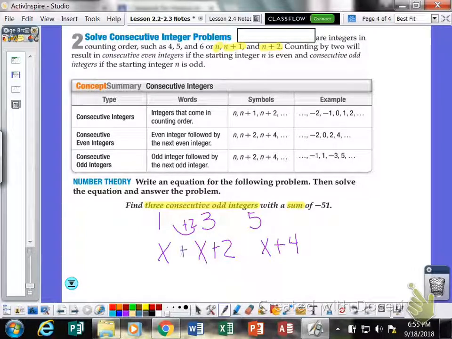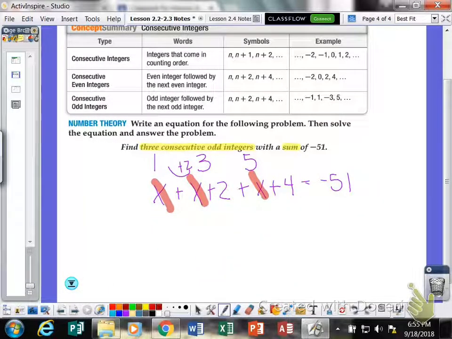So now I'm going to add all of this together to get negative 51. So now I want to combine like terms. So x plus another x is 2x, plus another x is 3x. So I have 3x. And then combine my other like terms, which would be 2 plus 4 is 6. So plus 6.